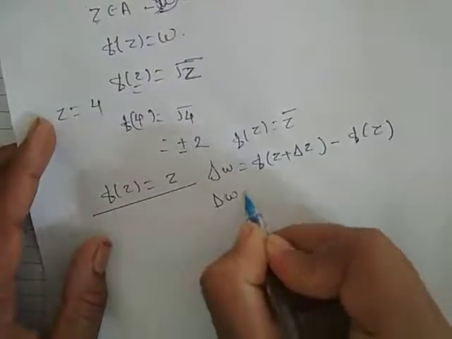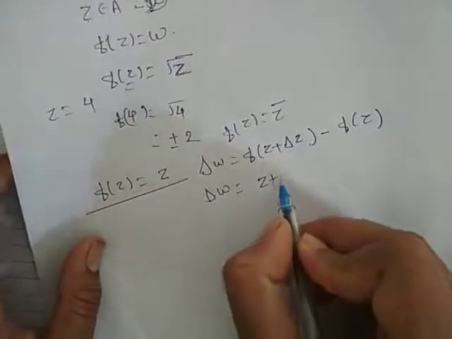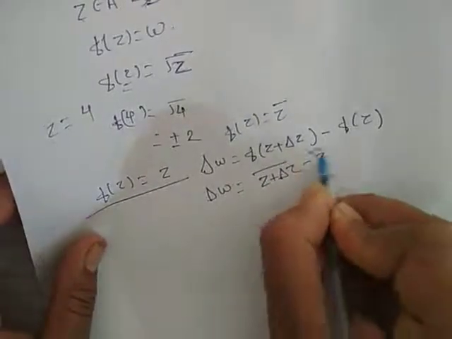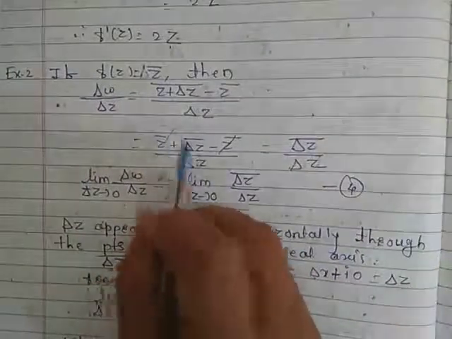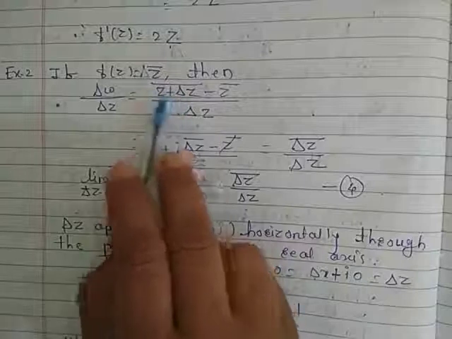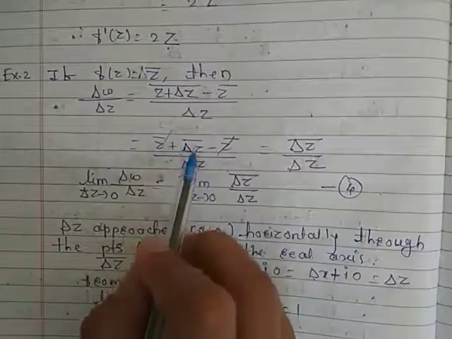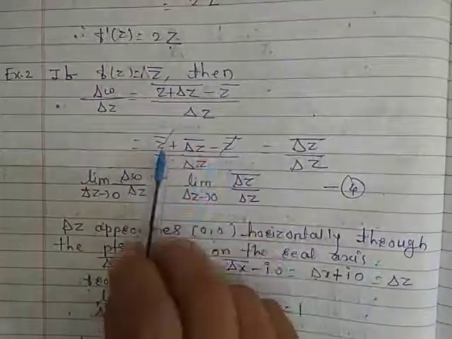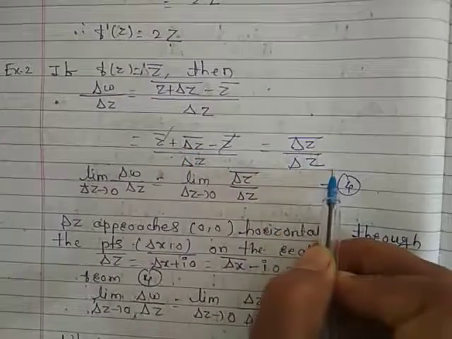So delta omega becomes z plus delta z bar minus z bar, where bar means it is a conjugate. So this is z bar plus delta z bar minus z bar. Z bar minus z bar get cancelled, so what remains is delta z bar upon delta z.